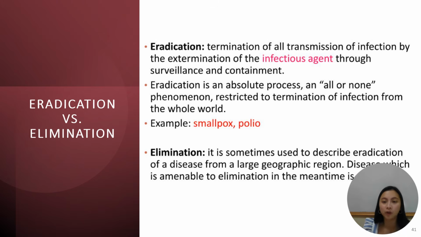So even if there's already a reduction to zero of this particular disease in a certain geographic region, there should still be surveillance, management, and intervention done in order for it to be completely eradicated. But for now, examples of eradicated diseases are smallpox and polio. But for elimination, an example of this is measles.